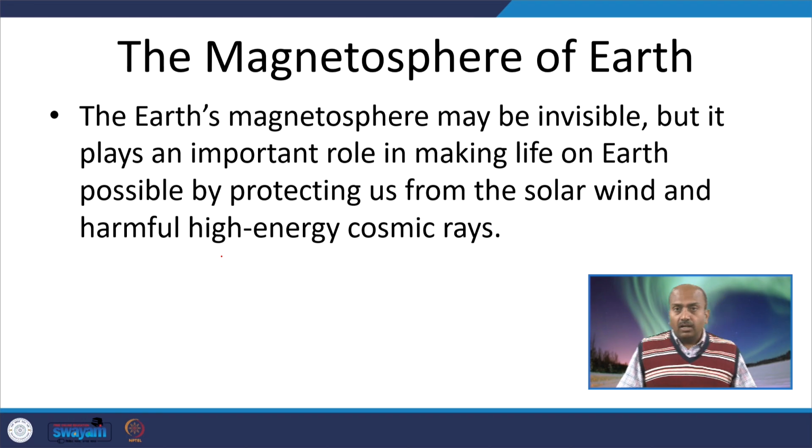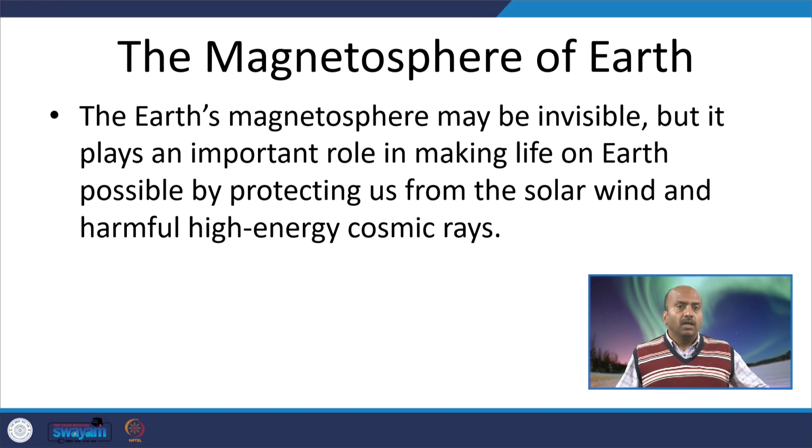The solar wind, we know, is primarily electrons, protons and ions radiating away from the Sun in all directions. If they can directly enter the Earth's atmosphere, and if the energies are sufficient, they can severely damage a lot of our technological assets.